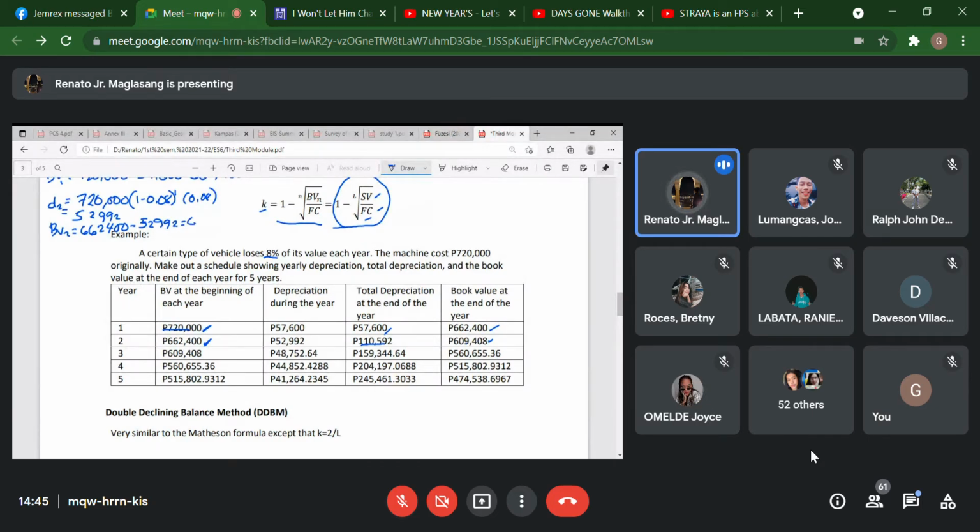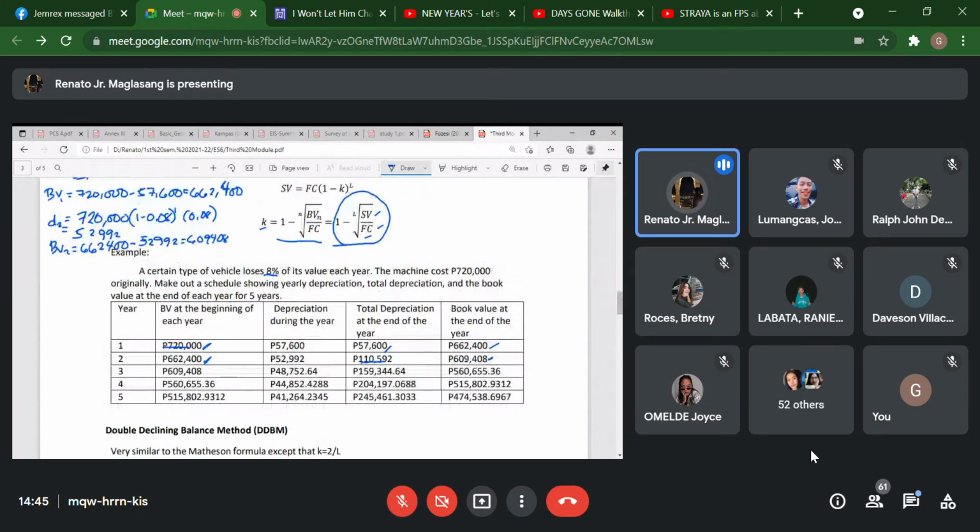So that's why you will have 609,408. Okay, so again, there are two ways to get the book value at the end of the second year. You can use the book value at the beginning minus the depreciation during the year, or the first cost minus the total depreciation at the end of the year. So that is for the second year.